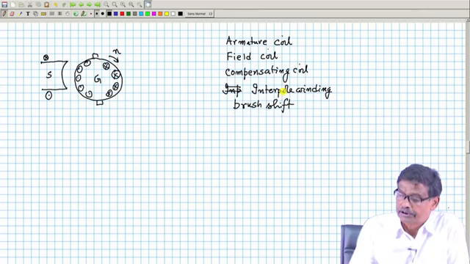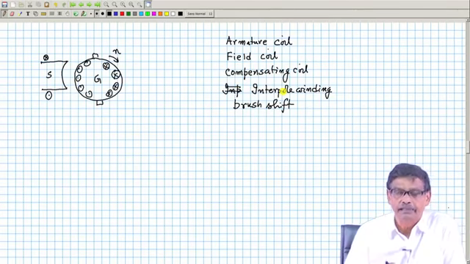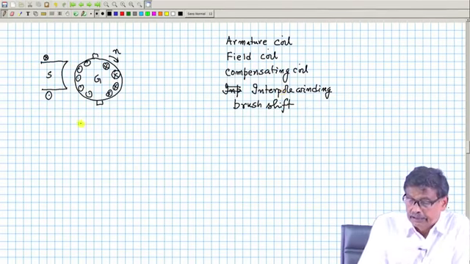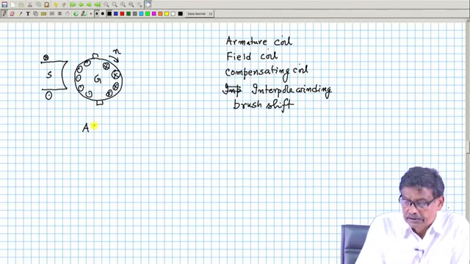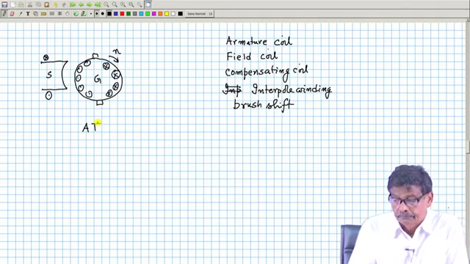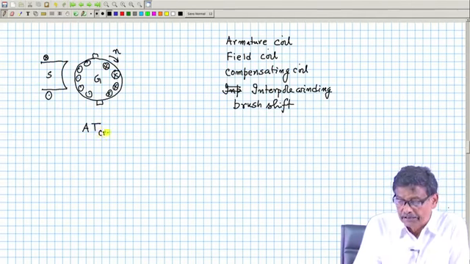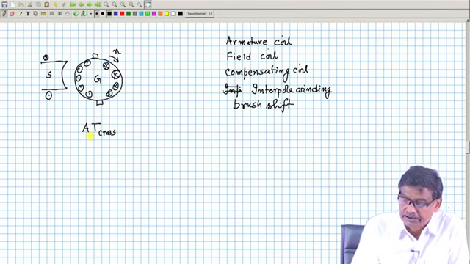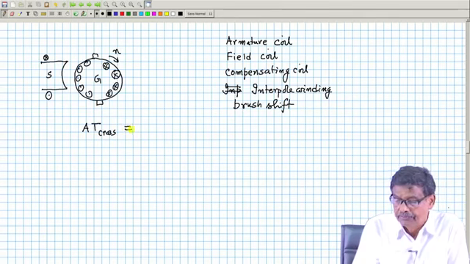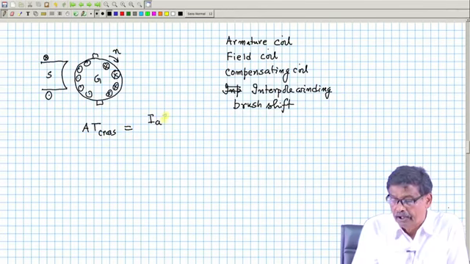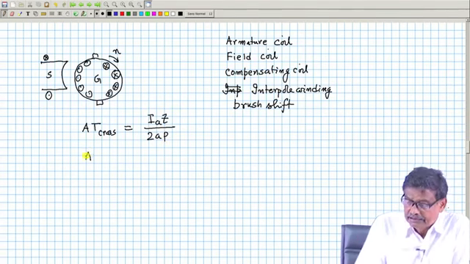Now, let us first consider only the armature coil and field coil, nothing else. In this case, there will be only cross magnetizing ampere turns, because the armature ampere turns are cross magnetizing, and we have seen it is equal to I A Z by 2 A P. AT demagnetizing is 0.